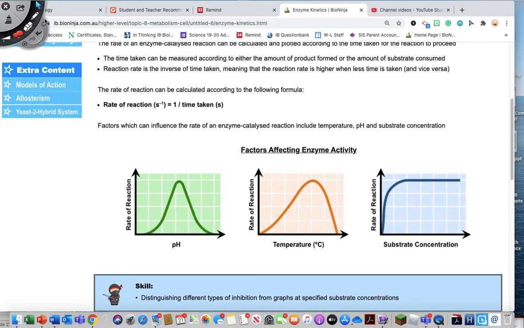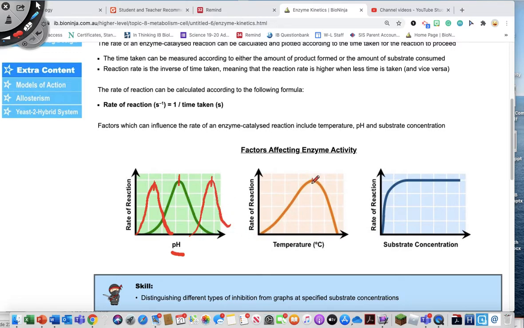And again, this is a review. pH is a factor that affects the enzyme activity. There is usually an optimal pH, but notice that the optimal pH doesn't necessarily have to be 7, depending on the enzyme. If the enzyme is an enzyme in your stomach, then the optimal pH is going to be much lower. If it's an enzyme that works best under basic solutions, then the pH is going to be a lot higher.